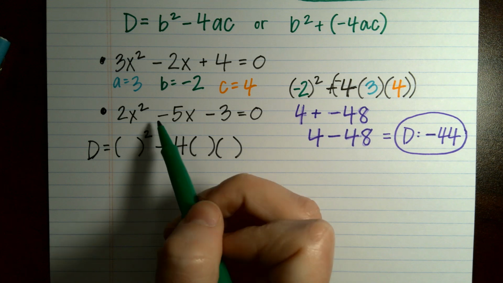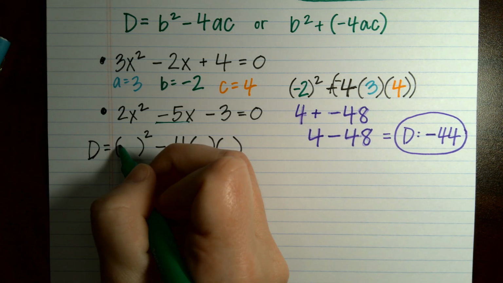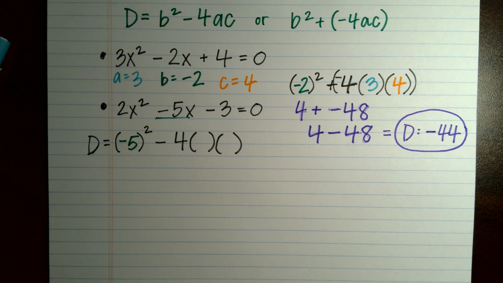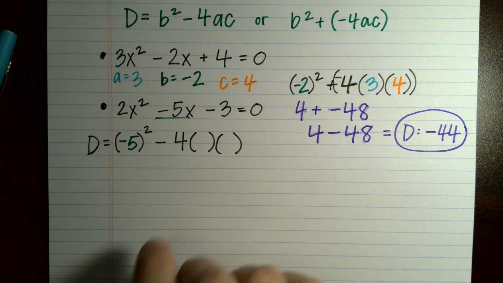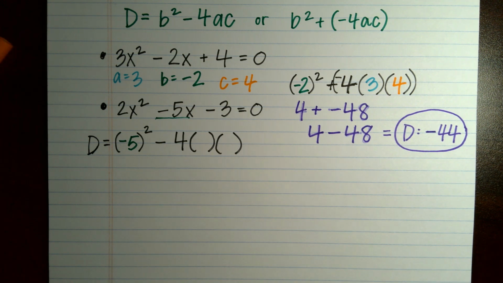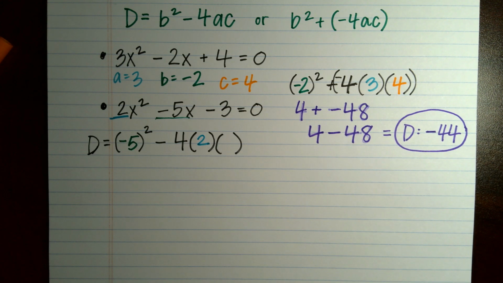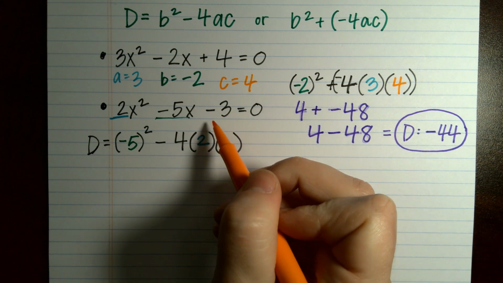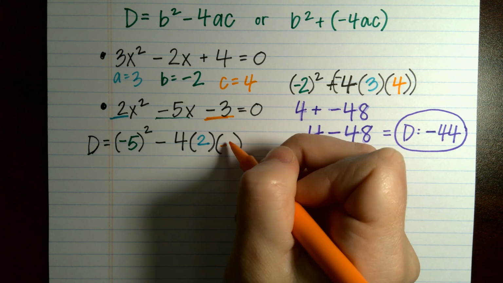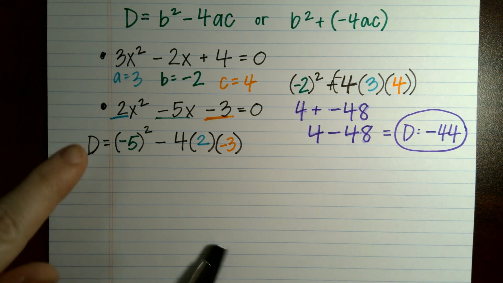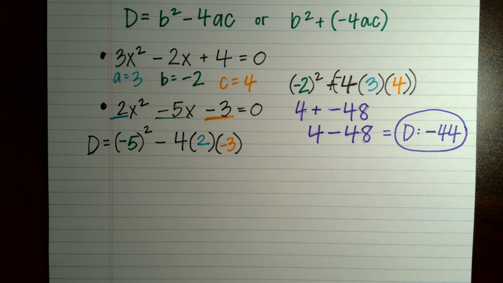Yes, my b is -5. So we put that in first. And what's my A? Your A is 2. Good, my A is 2. And what's my C? -3. Okay.